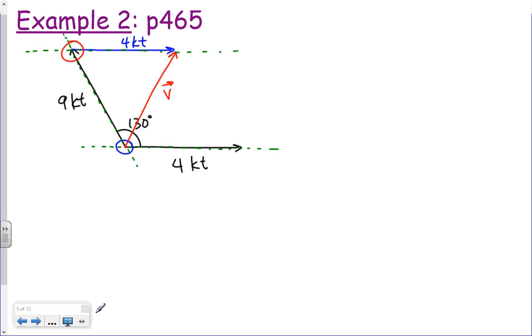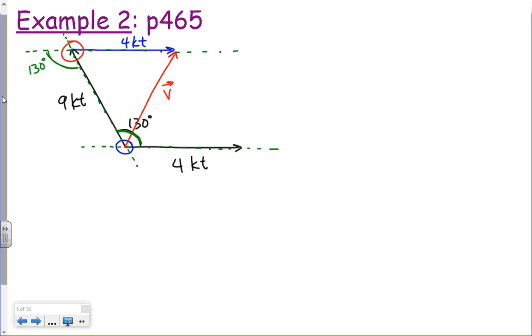So what I know about that is that a transversal that cuts through parallel lines has alternate interior angles that are equal to each other. So if this angle right here is 130 degrees, then that means this angle right here must be 130 degrees as well.